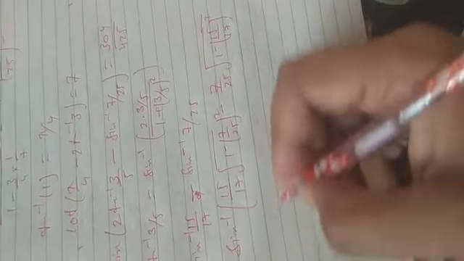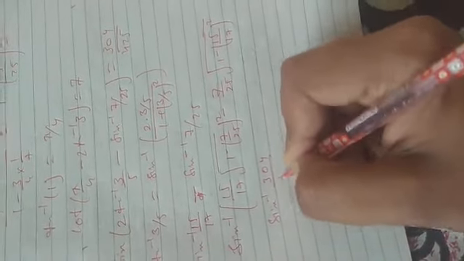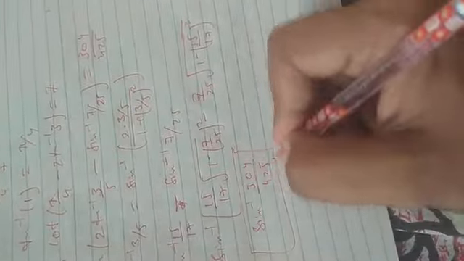And on solving this, you will find the result sin inverse 304 upon 425. So this shows our theorem, our proof.